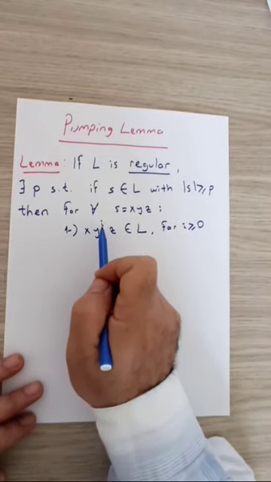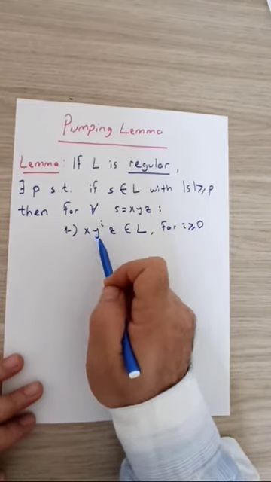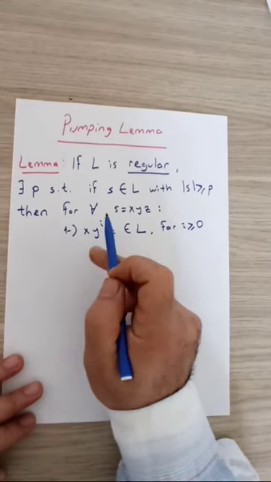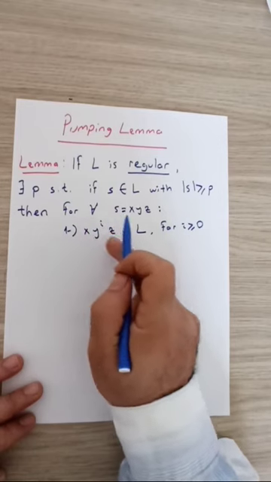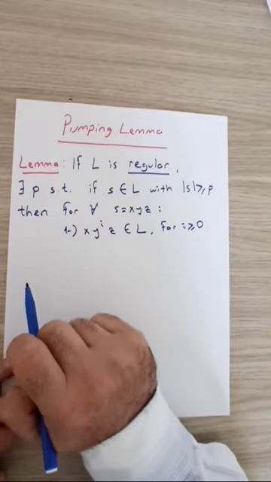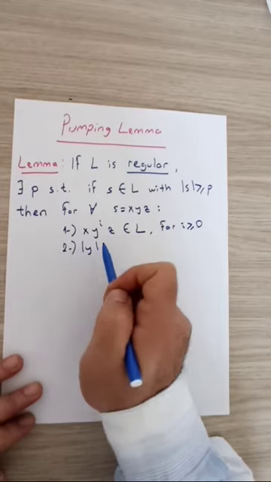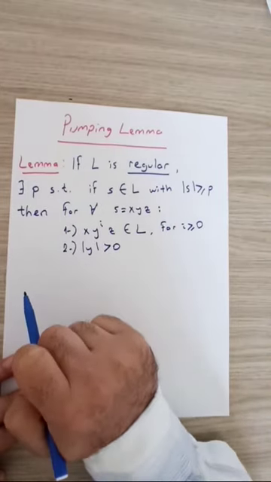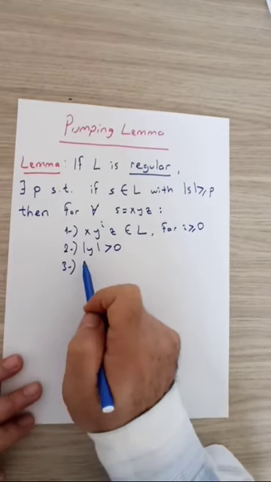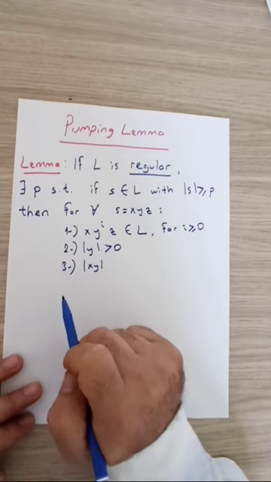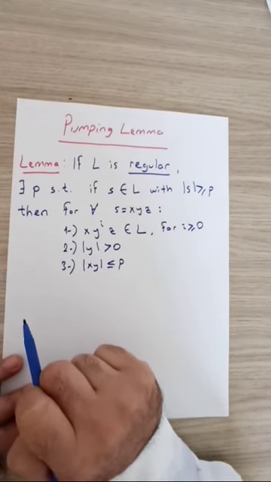This says that for any such partition of s into 3 substrings, this middle substring y, we should be able to repeat it as many times as we want, and the new string should still be in the language. Second condition says that the length of y should be greater than 0, or in other words, y is not equal to epsilon. Third condition, the length of x and y considered together should be less than or equal to our pumping length p.